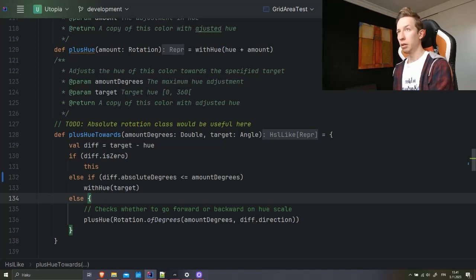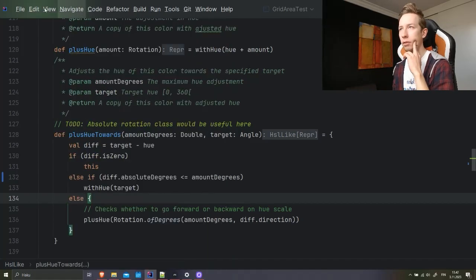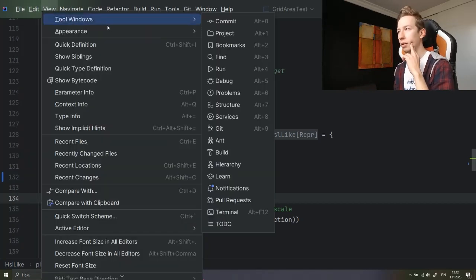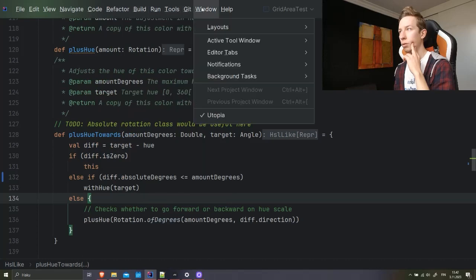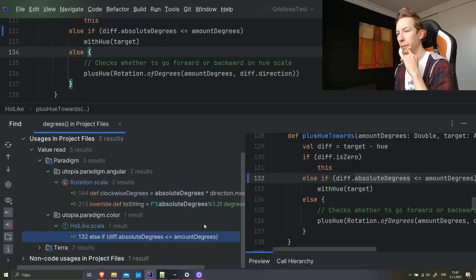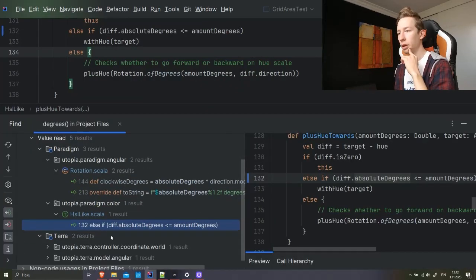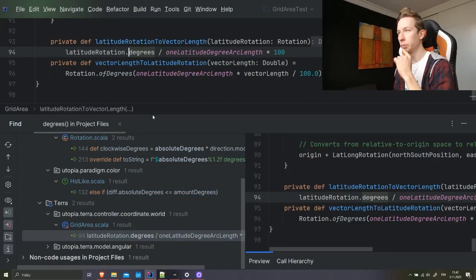And then where was it? I don't know. This kind of UI, I use this sort of zoomed-in UI so that you can see something, but this isn't what I'm used to yet. So what do we have? We want the window, view, two windows, fine, yeah. And then we have two places in Terra. Grid area, this was the problem.